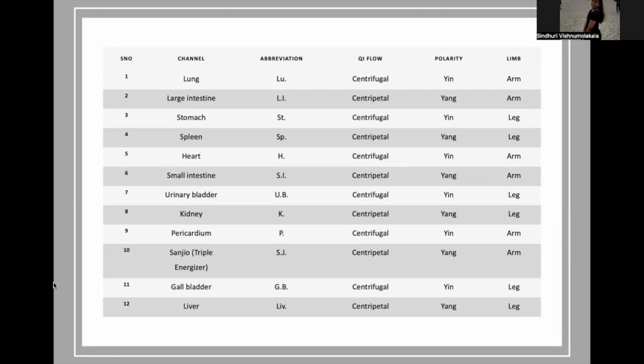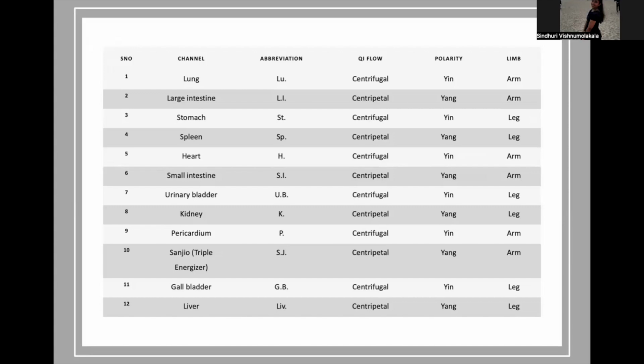One interesting point: the Sanjiao, also known as the triple energizer, doesn't actually represent any internal organ, but it represents three different cavities present within the body. Then the gallbladder, which is again centrifugal, yin, and present in the leg, and finally the liver meridian, which is centripetal and present in the leg again.